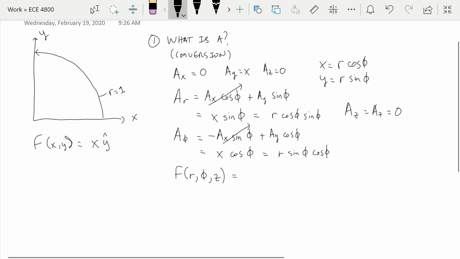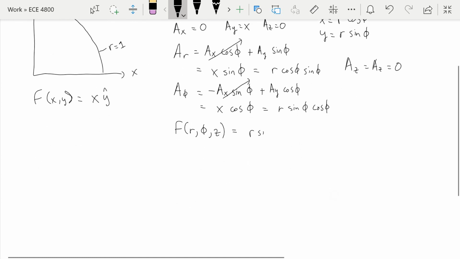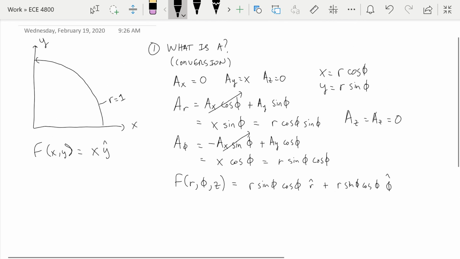So our vector field is r sine phi cosine of phi times r hat, plus r sine phi cosine of phi times phi hat. So we converted into cylindrical coordinates.